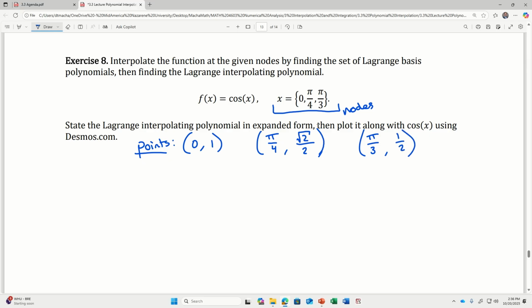It's 1/2. Okay. Those are the 3 points I'm going to try to interpolate.